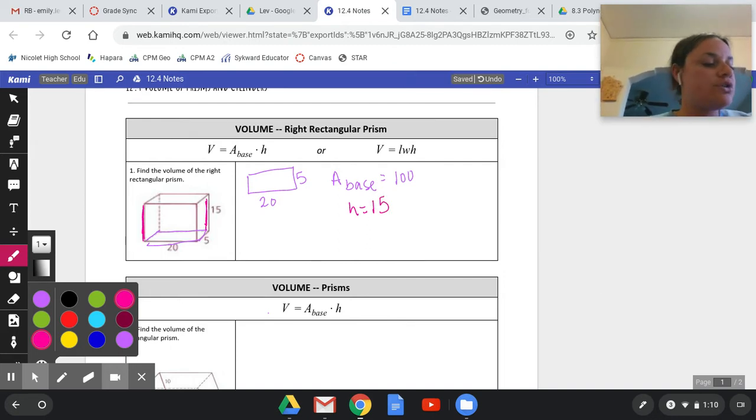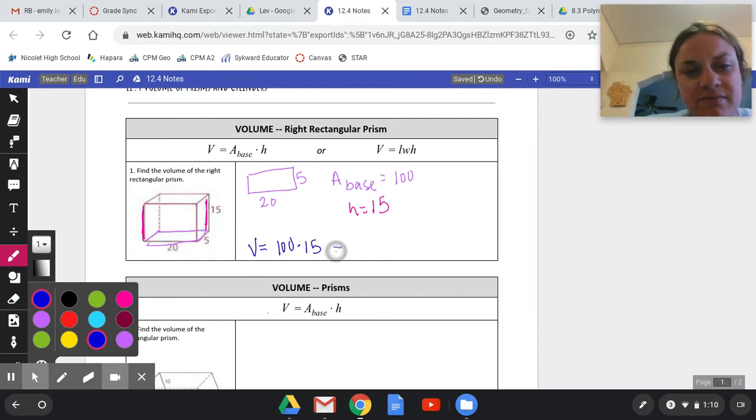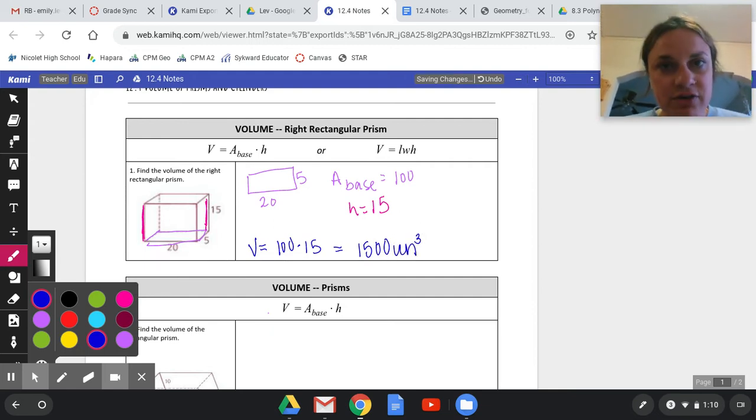So in order to find the total volume of my right rectangular prism, I'm just going to multiply those two things. So 100, which is the area of the base, times 15, which is the height of the prism, gives me 1,500 cubic units. Whenever you talk about volume, you're talking about cubic units because we're talking about how many of those little cubes fit in there.